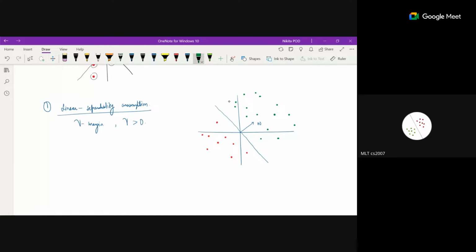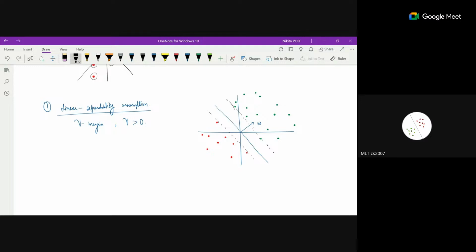So this distance is the margin that we're talking about.